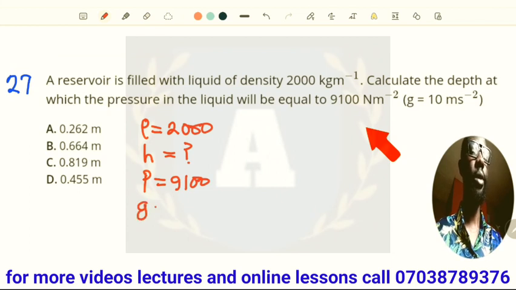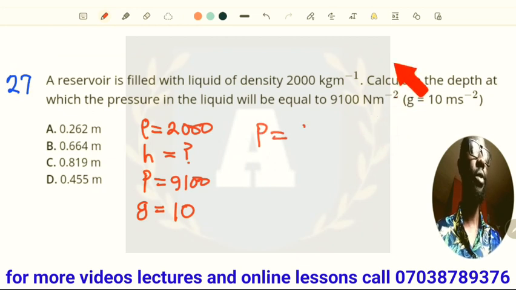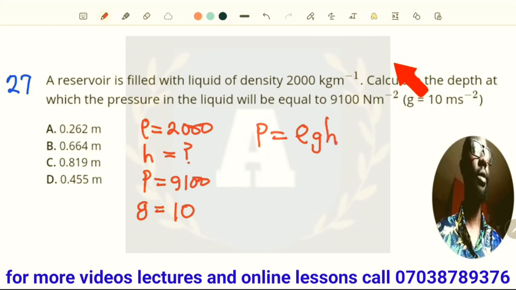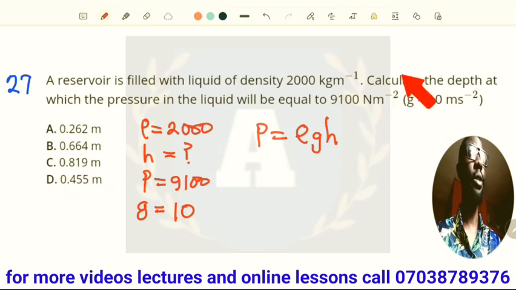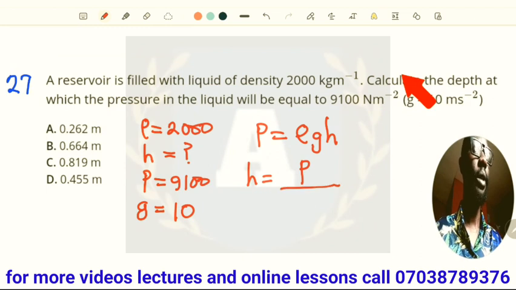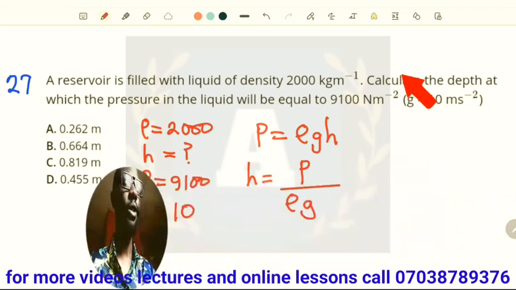The acceleration due to gravity is 10 meters per second squared. Now pressure in liquid is the product of density, gravitational field intensity or acceleration due to gravity, and height, which is depth. We have to calculate the depth. So to calculate depth, we have pressure divided by density multiplied by g.